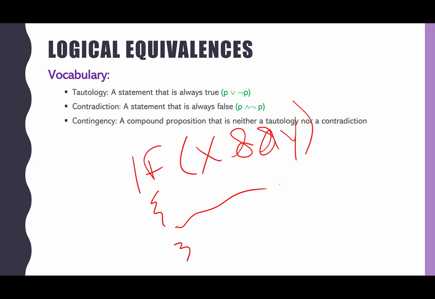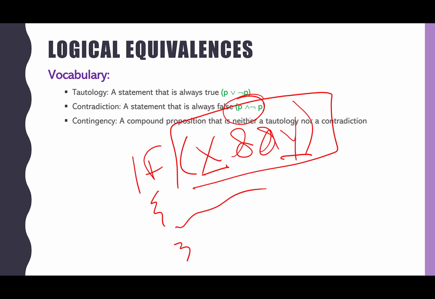Both of them are true. In order for this whole thing to be true, each component must be true. Well, that's impossible. P can't be true and not P be true. That can't happen. Make sense?